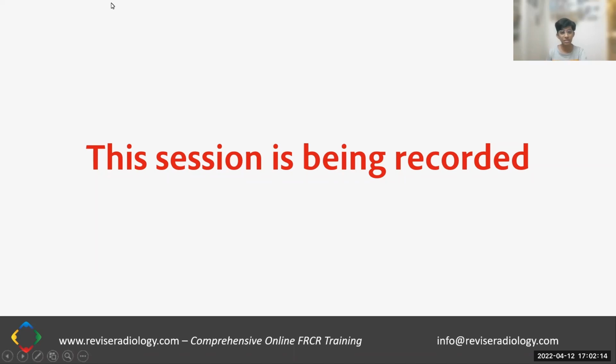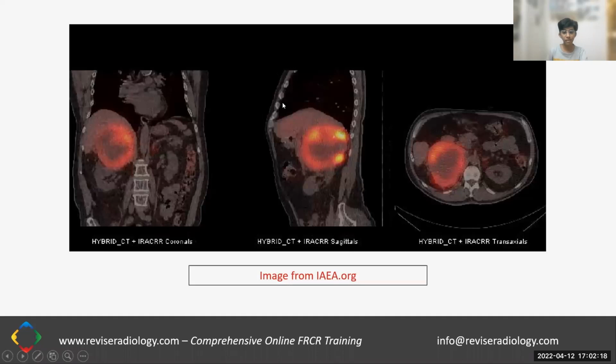Okay, so let's jump right into today's topic. Today we're discussing single photon emission computed tomography. This is a form of radionuclide imaging, and it also uses computed tomography techniques in the imaging to construct the images.